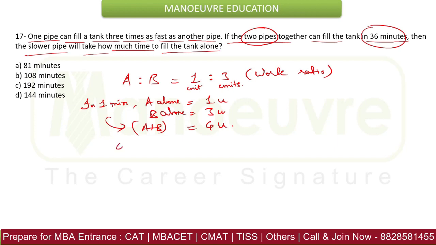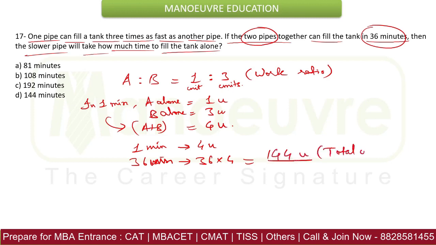So in 1 minute they are completing 4 units. So in 36 minutes, how many units will be completed? 36 into 4, so that will be 144 units. So this is the total work that needs to be completed.